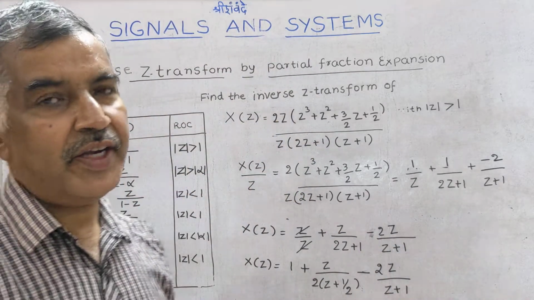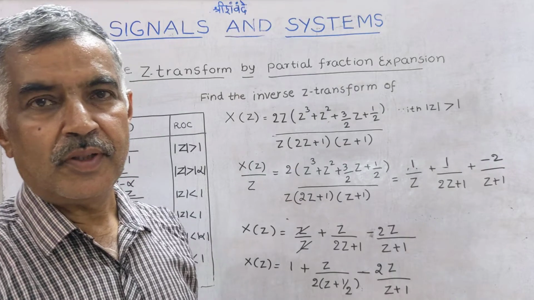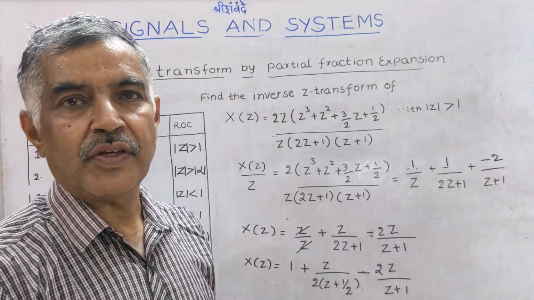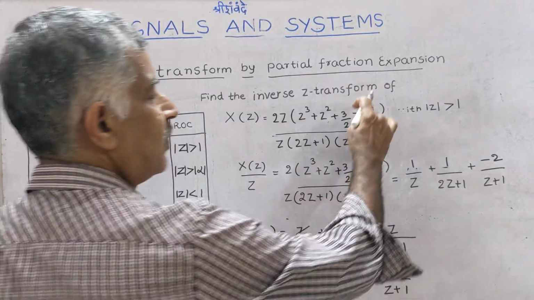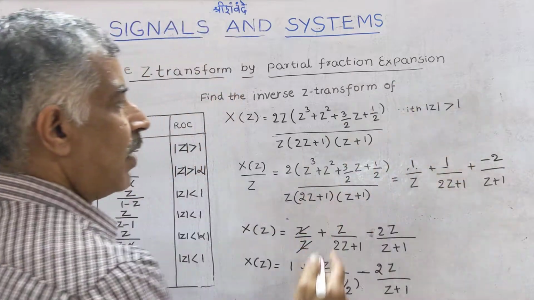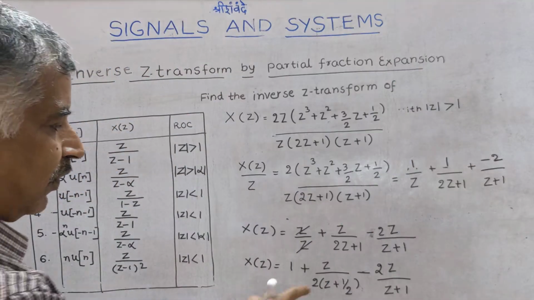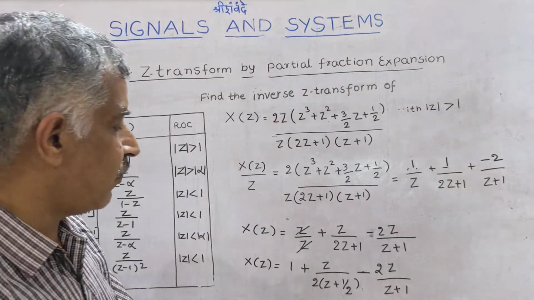Now, at the time of finding the inverse z transform, compare the pole radius with the ROC. The ROC for the whole problem is mod z greater than 1. First one, what is the pole radius for this?